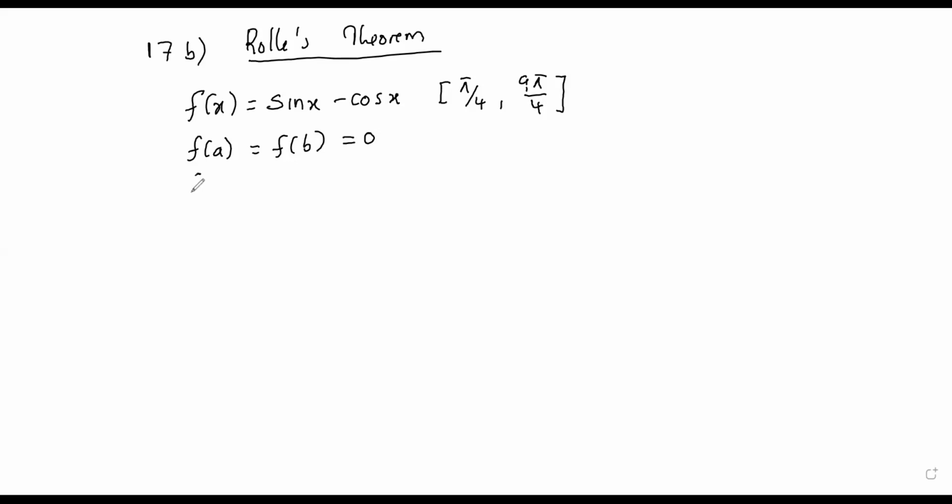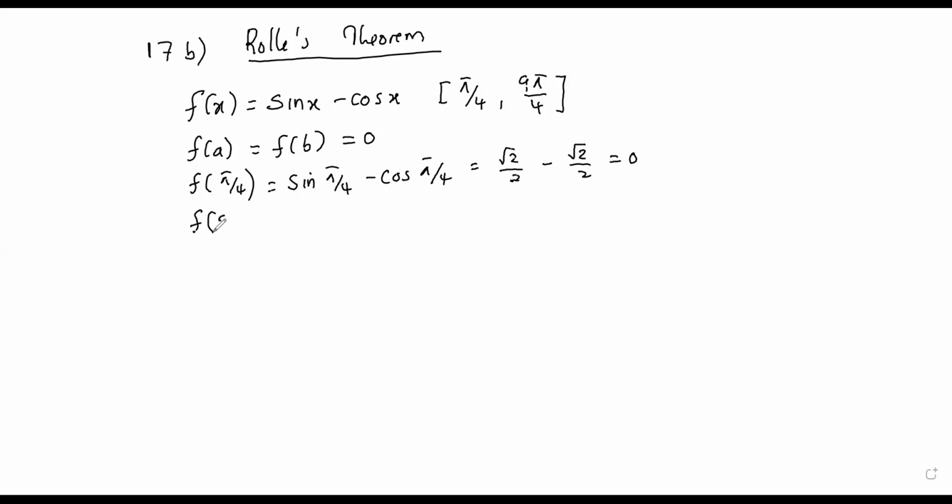So our f of a is f of pi over 4. We get sine pi over 4 minus cos pi over 4. Sine pi over 4 is root 2 over 2, cos pi over 4 is root 2 over 2, which is 0.